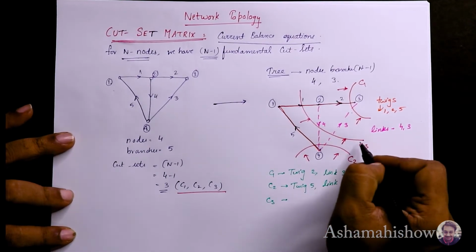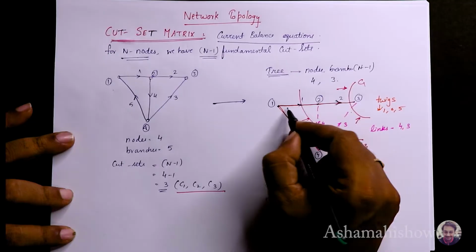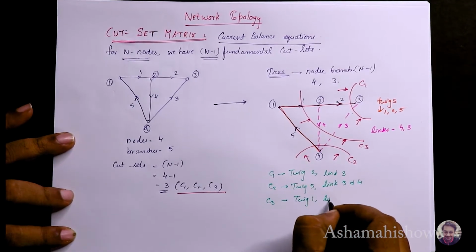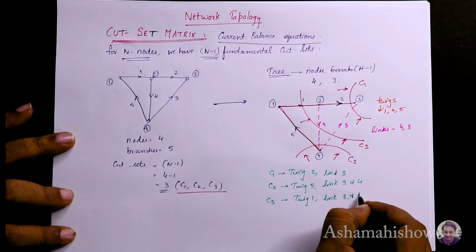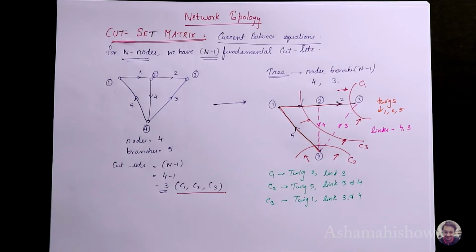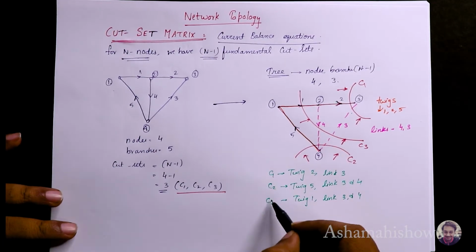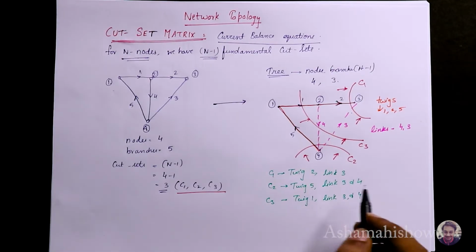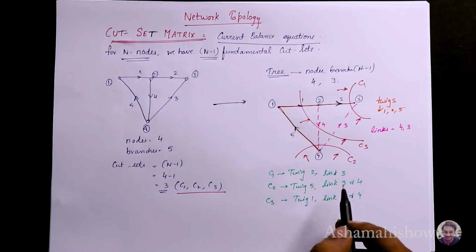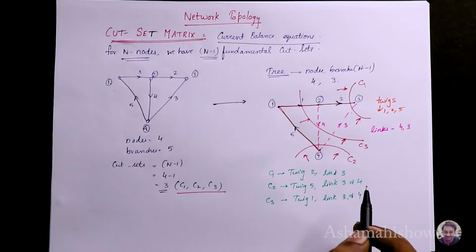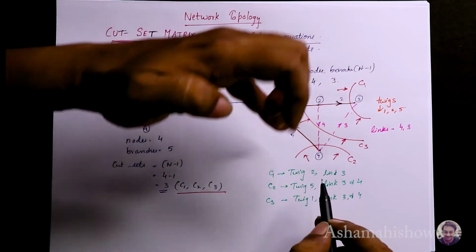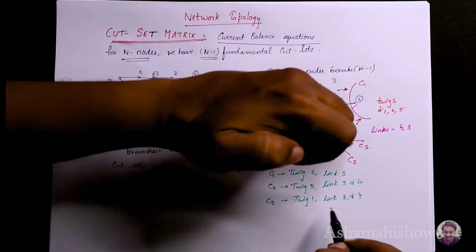Now your C3 has twig 1 and your links 3 and 4 again. If you clearly see, your cut sets C1, C2, C3 cover the 3 twigs and the 2 links. There is no branch left which is not covered. All the branches are covered: your twigs 2, 1, 5 are covered and your links 4 and 3 are also covered.